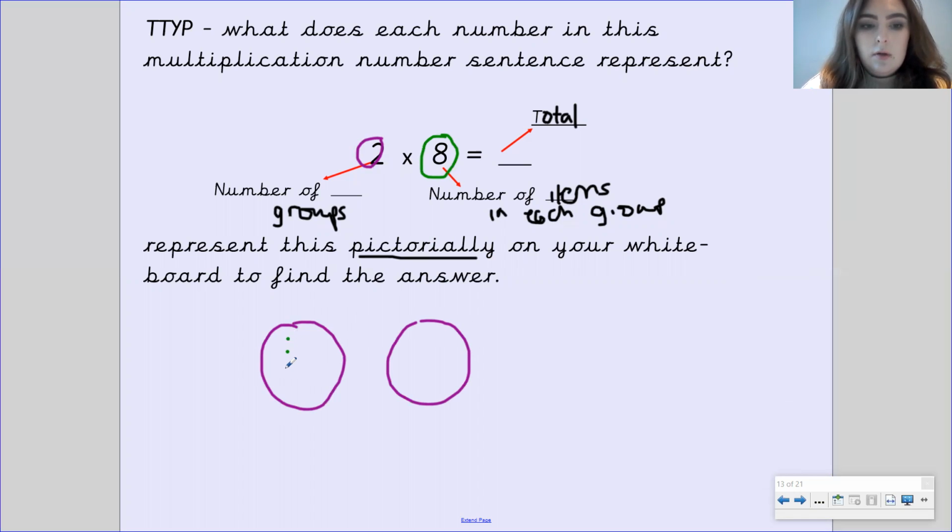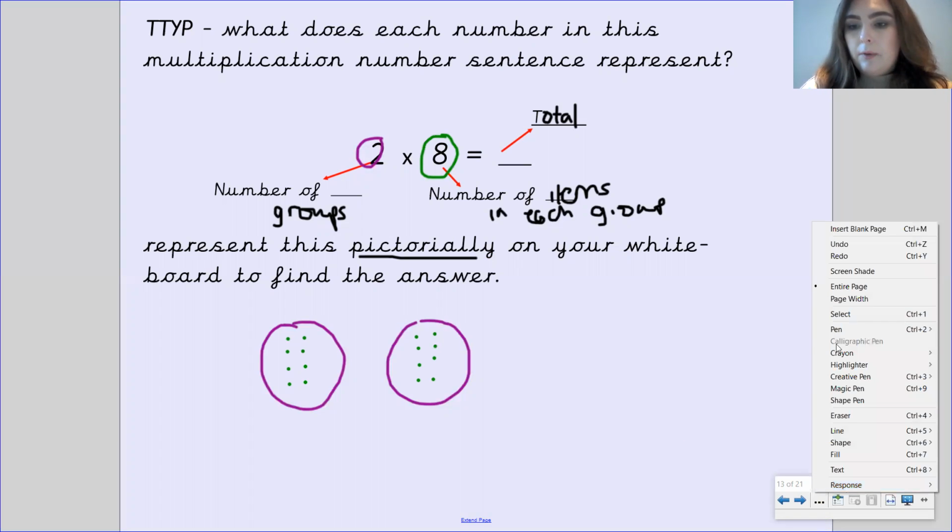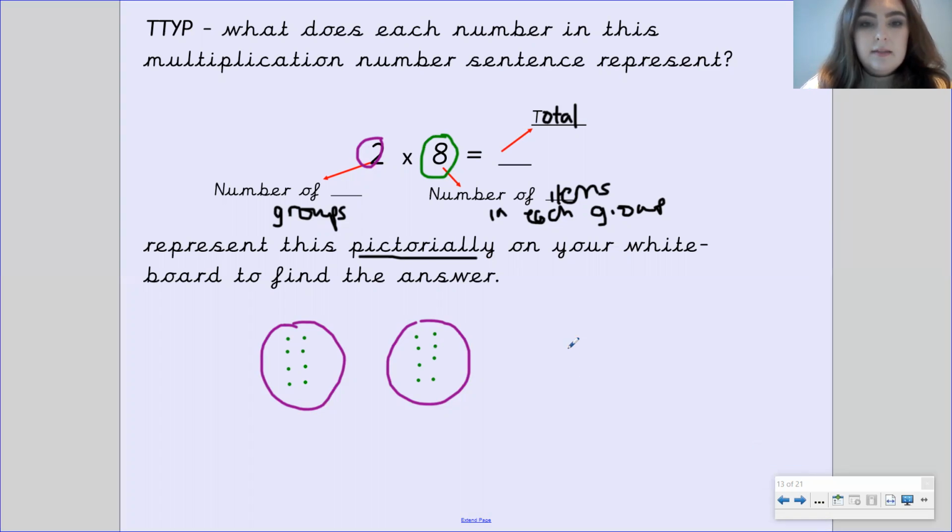Now we need to add them all together to get our total. So we've got 8 here, 9, 10, 11, 12, 13, 14, 15, 16. So our answer is 16. Well done if you got that correct.